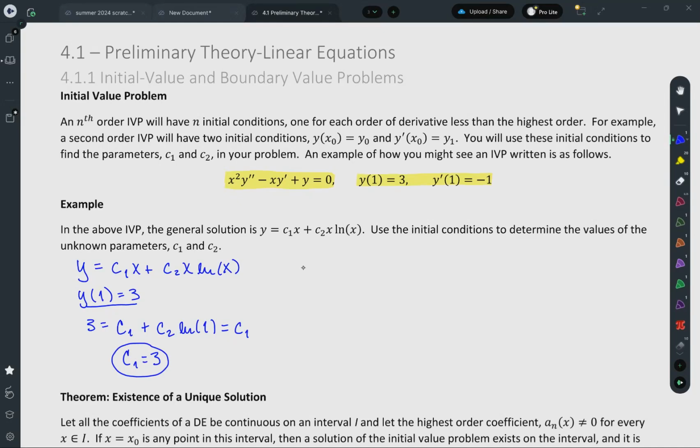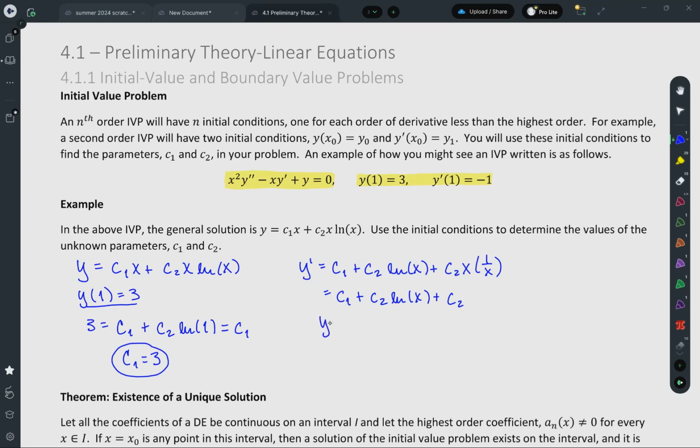Now I need y prime, so I need to calculate it. If I take the derivative, y prime is c1 plus c2 ln of x plus c2x times 1 over x, which of course simplifies. This will be c1 plus c2 ln of x plus c2, where I just used the product rule with the x and the ln of x.